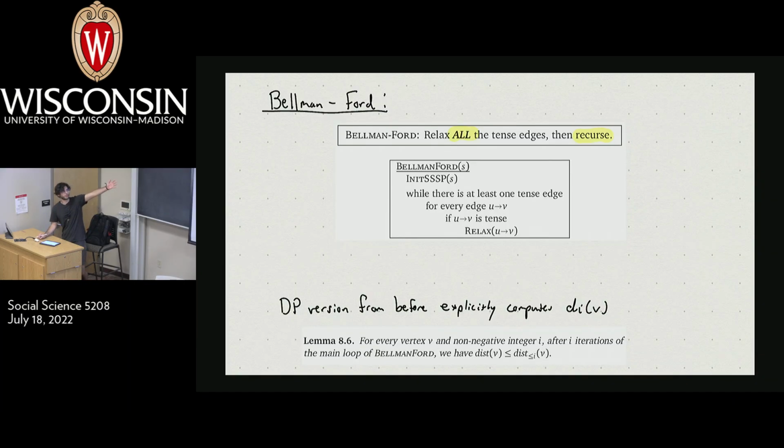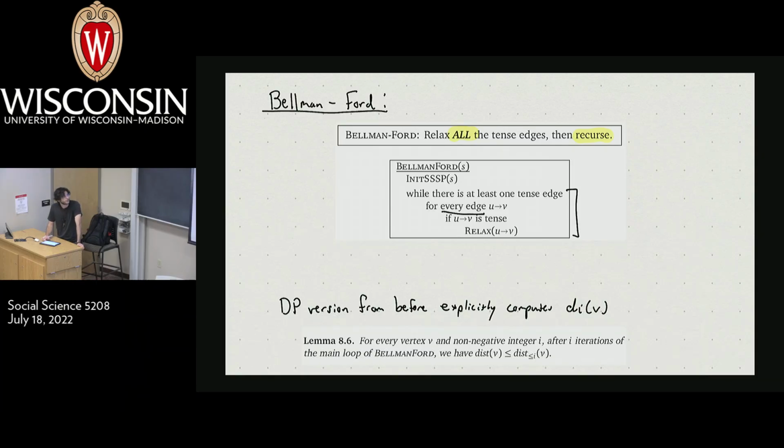So in loop form, while there's still a tense edge, we will relax them all. Notice this loop is over every edge. It's not just over edges touching a certain node, like usual. Okay?